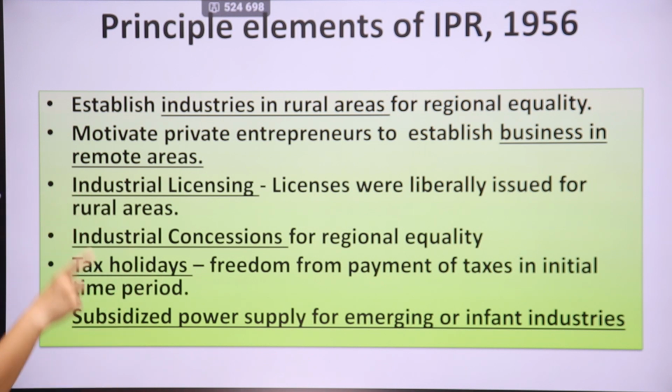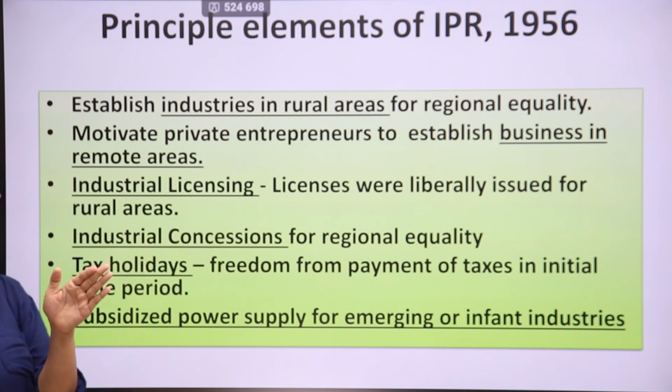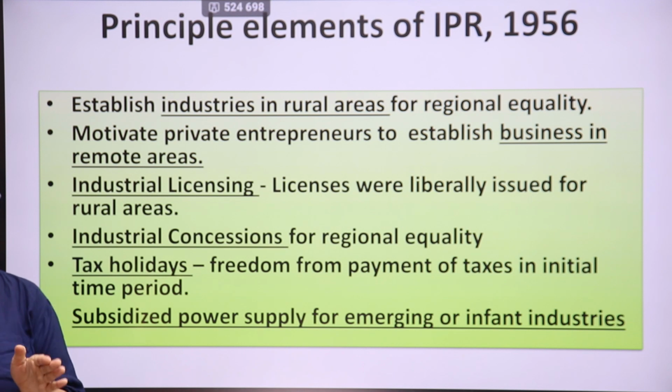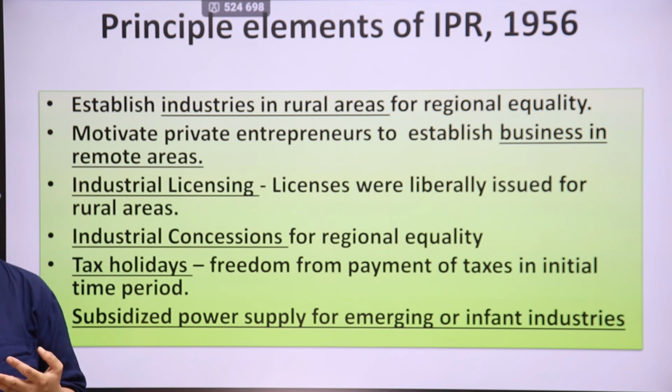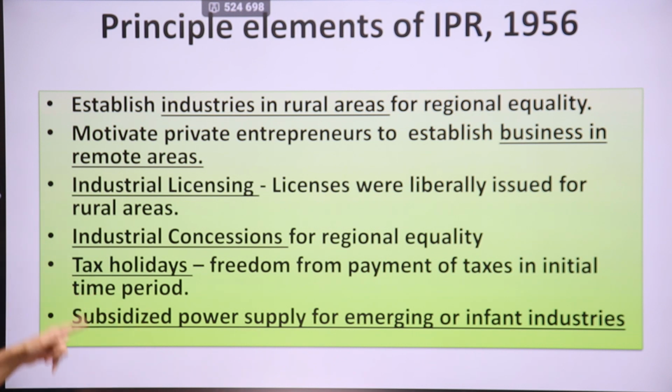Then tax holidays, freedom from payment of taxes in the initial time period. Take for example, if you establish an industry in SEZs, special economic zones, relaxation is given on taxes, on electricity bills, and other concessions are also given. The same happened here also. Tax holidays were given to people who wanted to establish industries in remote areas of India to develop regional equality.